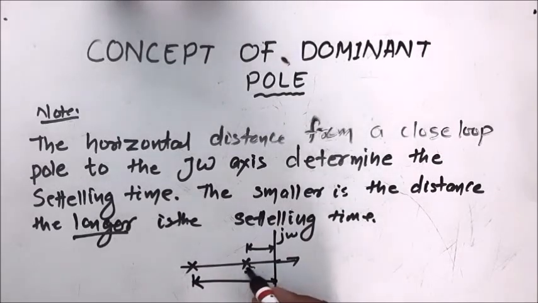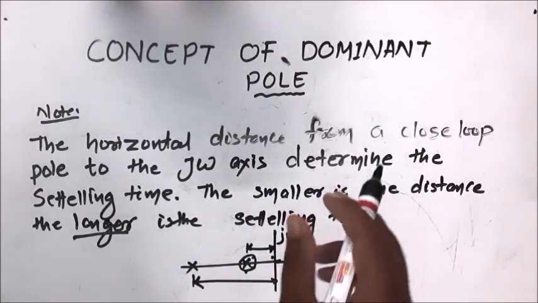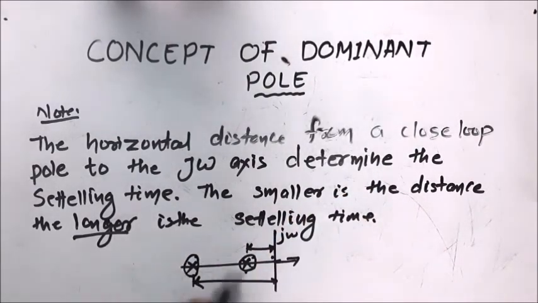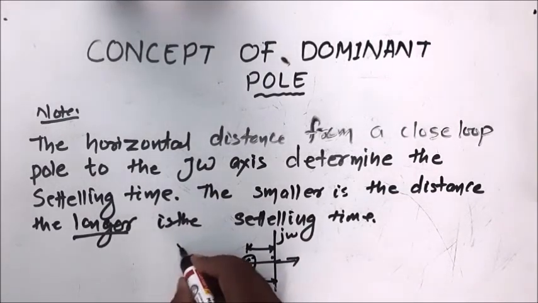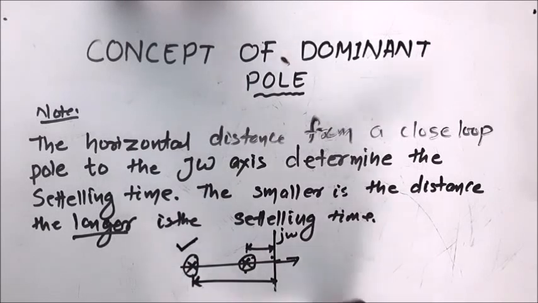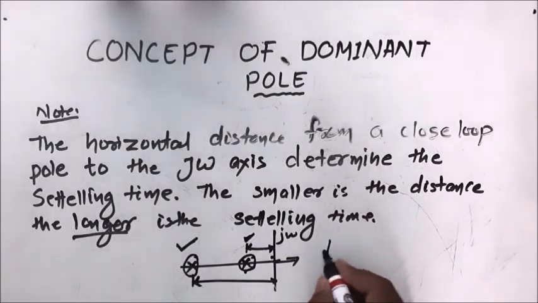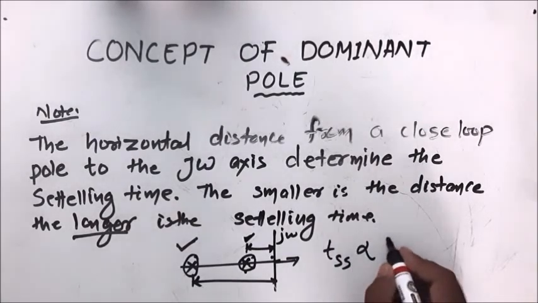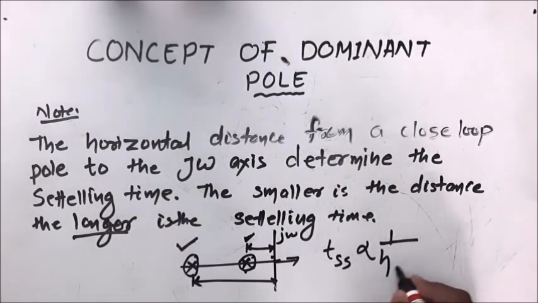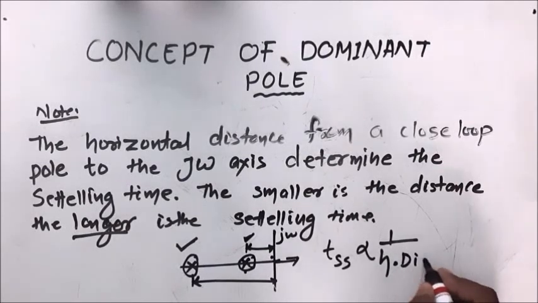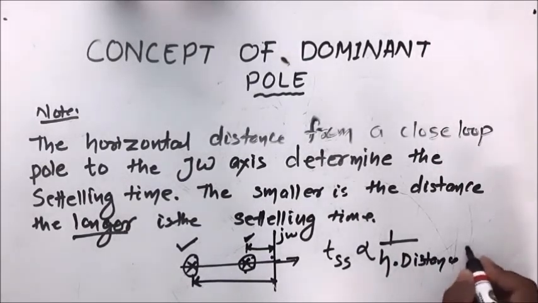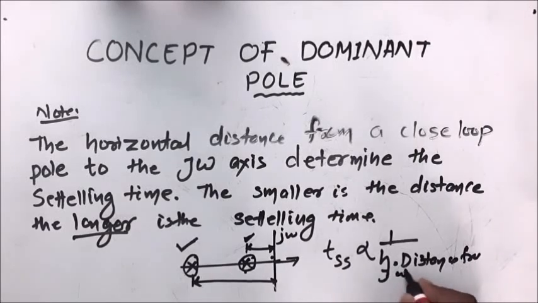If a system is constituted of this pole only, the horizontal distance from the j omega axis is less than that of the other system, which has this pole with a larger horizontal distance. So the settling time of this pole is less than that of the other, because I told you Ts is inversely proportional to the horizontal distance from the j omega axis.